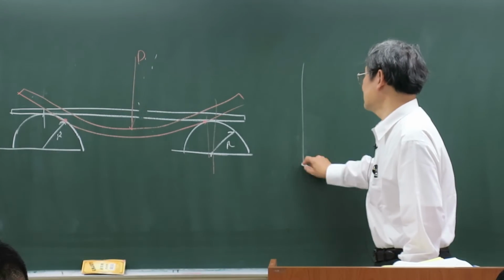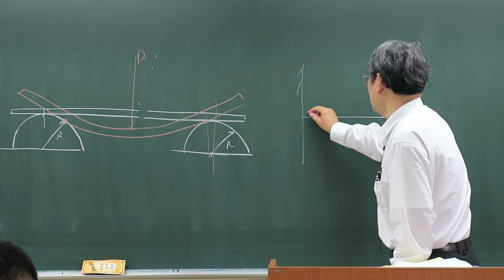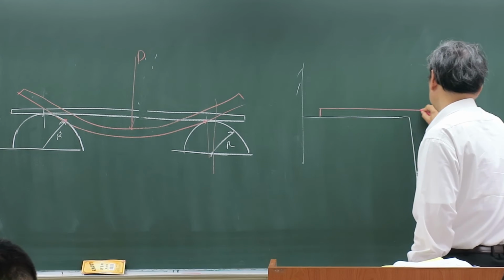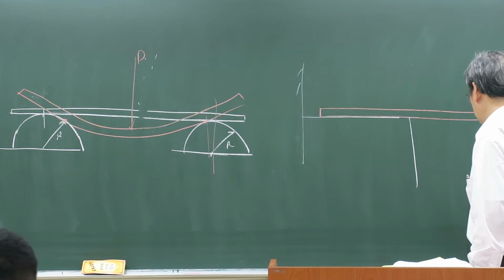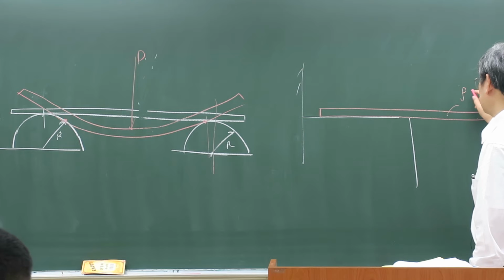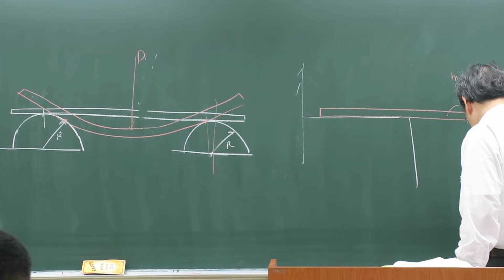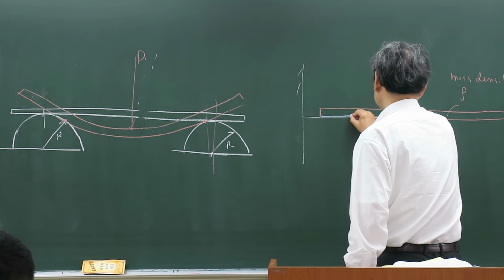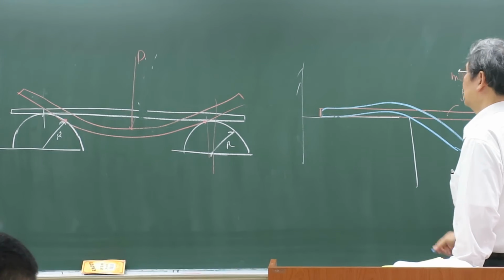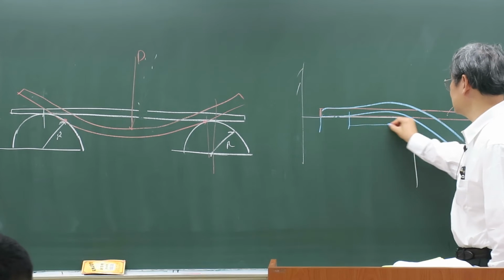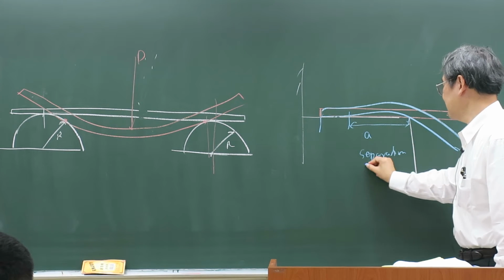Another problem is a table. If I have a very heavy beam, with mass density rho, then when it deforms, it will look something like this, and there is a separation length.